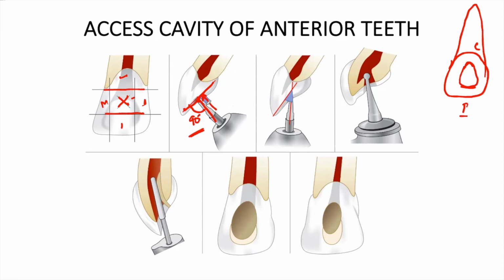Once we gain entry, the burr is directed 45° to the long axis of the tooth, like this. Fine. This helps to penetrate into the pulp chamber. Once we feel the drop in, that means we have gained entry into the pulp chamber. Now remove the roof of the chamber by moving a round burr from inside to outside.